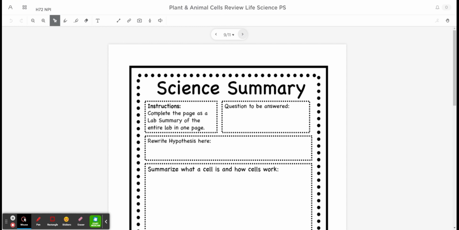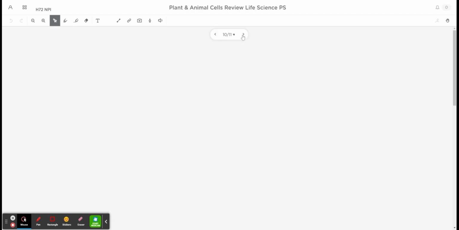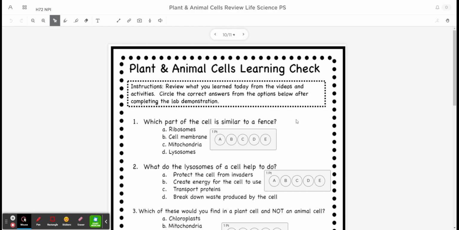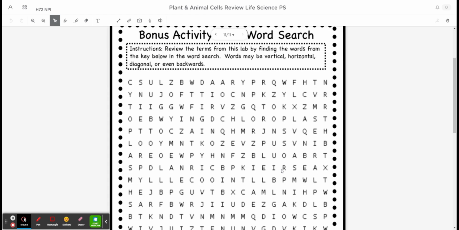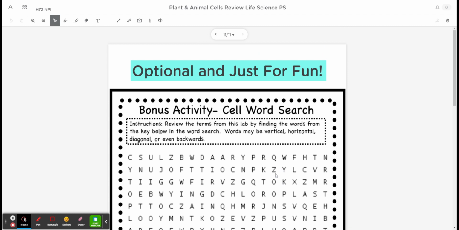You only have to do one of the slides between 6 through 9. Then when you get to slide 10, you are going to answer this, and you're going to select your answer here. This will give you automatic credit if you're correct or let you know if you are incorrect. So we'll do this one as well. And then slide 11 is just completely optional. If you would like to do a crossword, then here is a cell word search for you.